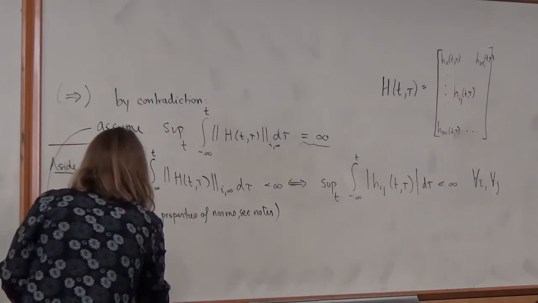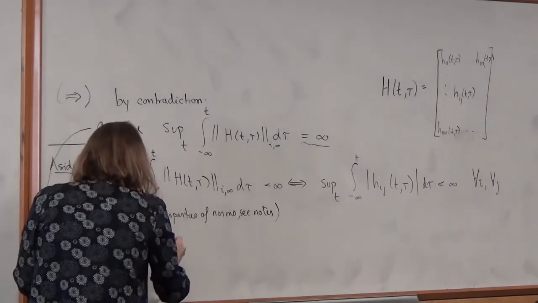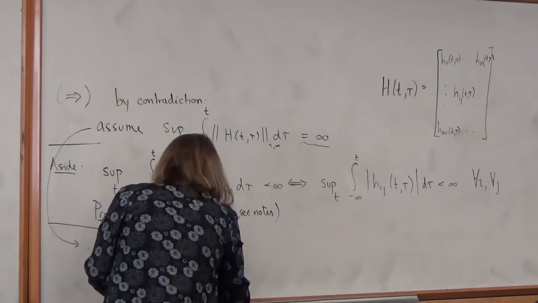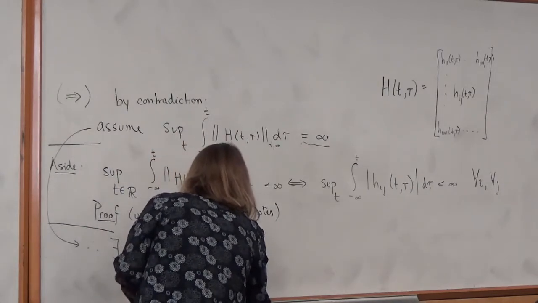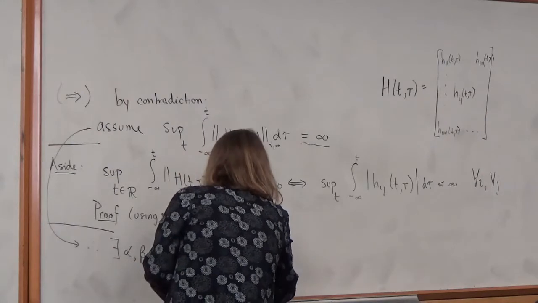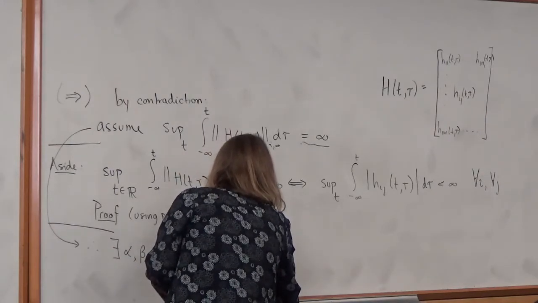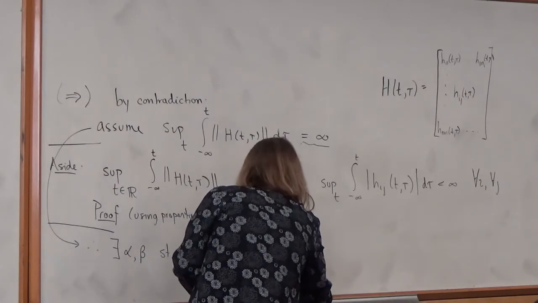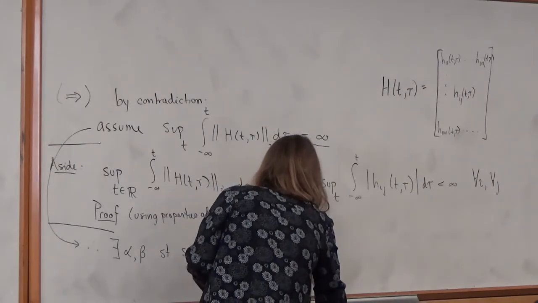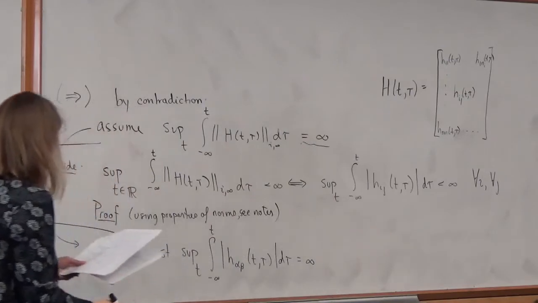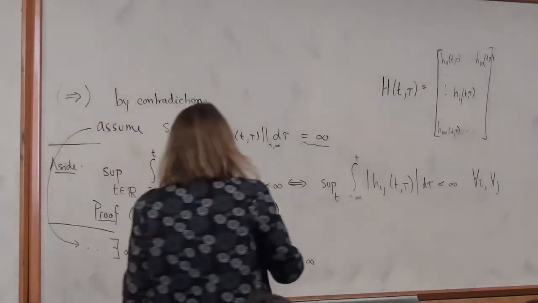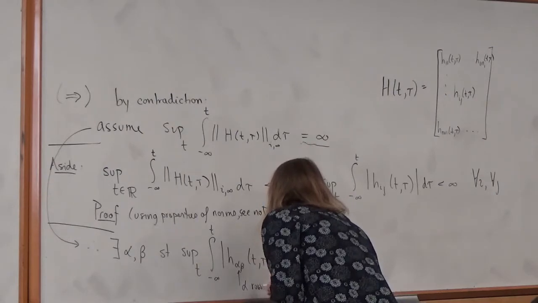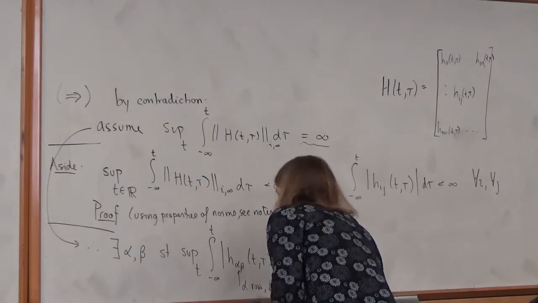So there exists an index alpha and an index beta such that the supremum over t of the integral from minus infinity to t of h alpha beta of t tau d tau is infinite. That's just the alpha row, beta column.